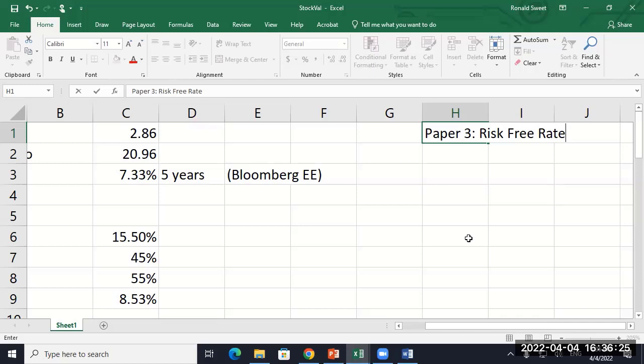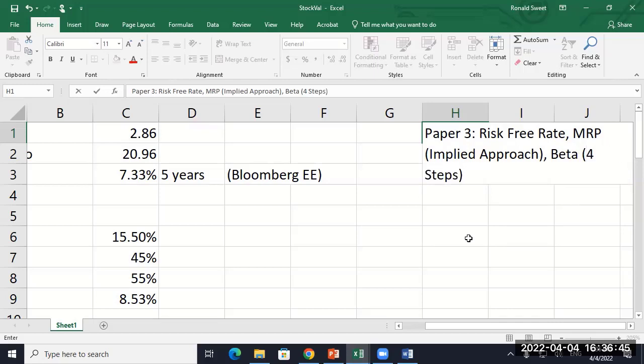Hopefully you don't get 2.4% in your paper, you get something different, but you get the risk-free rate. Market risk premium, we just did that using the implied approach. And you need a beta. You can get betas using our 4 steps. Remember the 4 steps: revenue sensitivity, operating leverage, financial leverage, and the historical beta. And that finishes your paper 3.